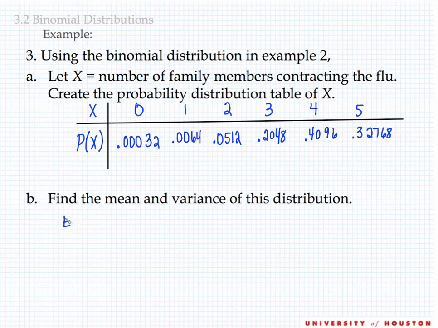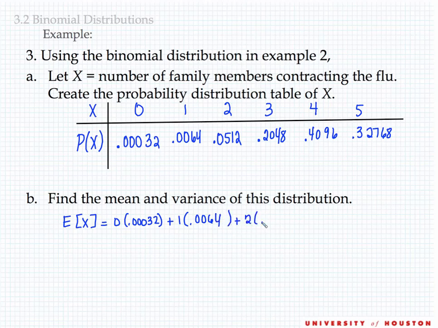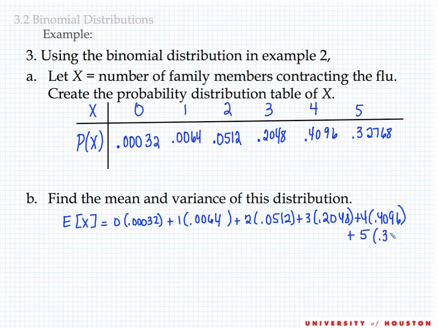So our mean or expected value for this distribution would be 0 times 0.00032 plus 1 times 0.0064 plus 2 times 0.0512 plus 3 times 0.2048 plus 4 times 0.4096 plus 5 times 0.32768.